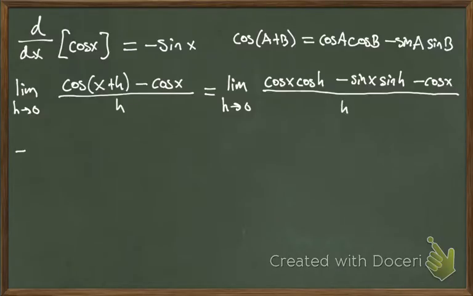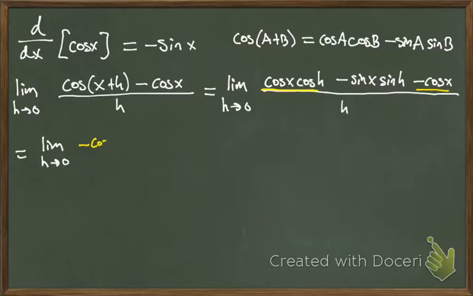And we're going to employ the same trick we did before. We're going to try to get a special limit, the 1 minus cosine h over h, and then a sine of h over h. So we're going to grab this and this, and we're going to factor out a minus cosine this time. So limit as h goes to 0.